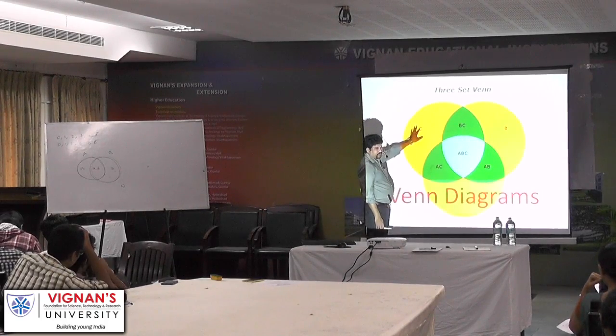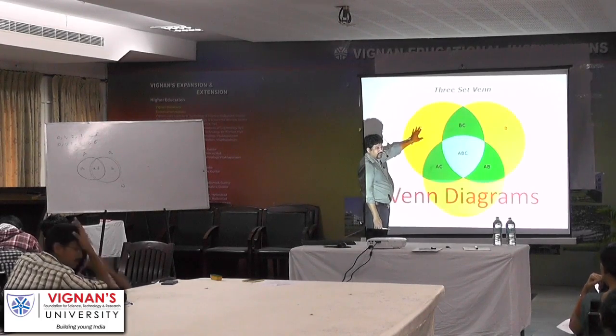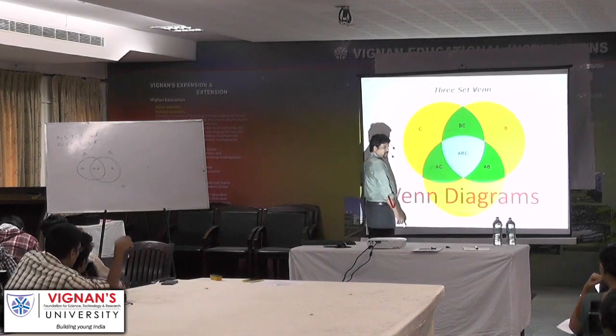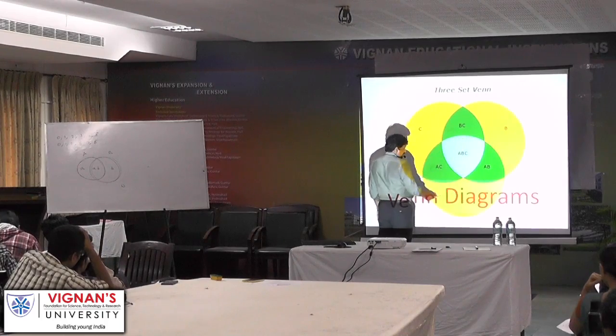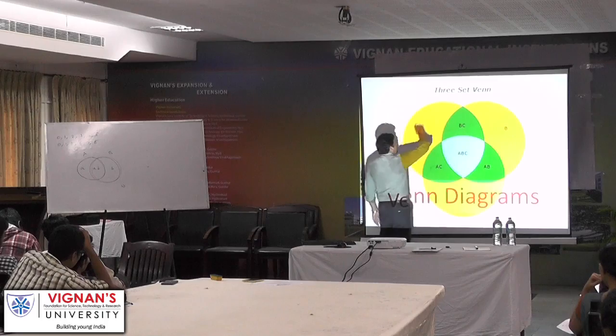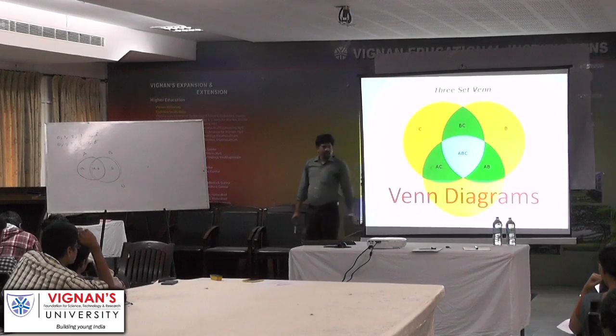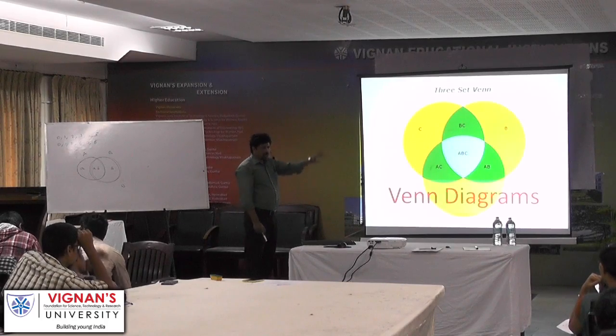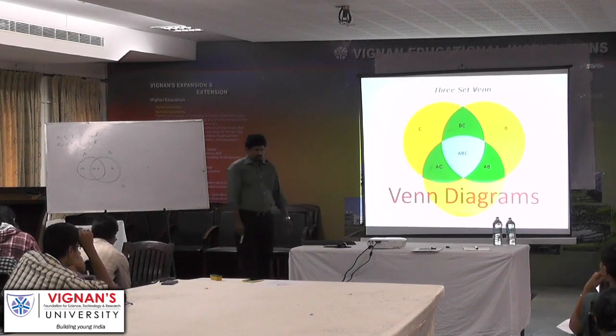Only C, right? A and B means what do you take? A, B. We don't take this one, right? A and B. So neither A nor B nor C means outside these 3 circles.